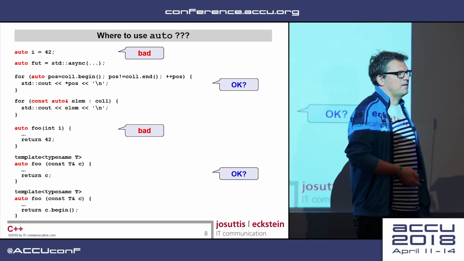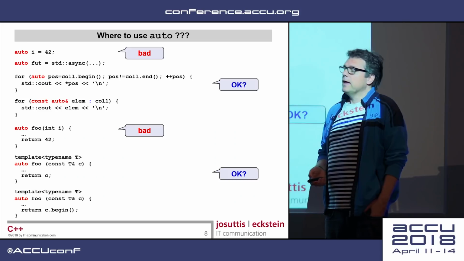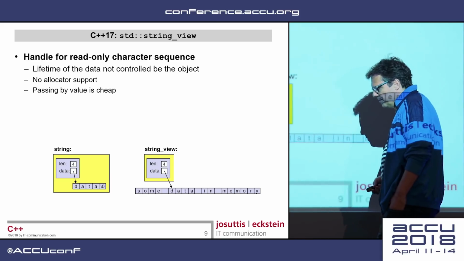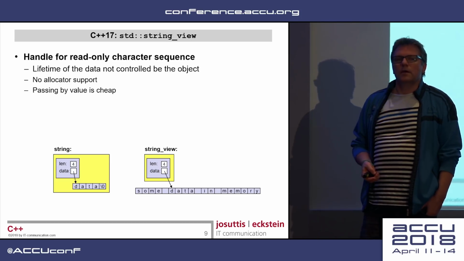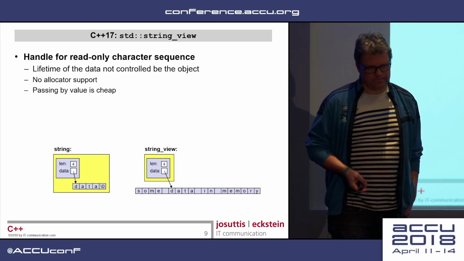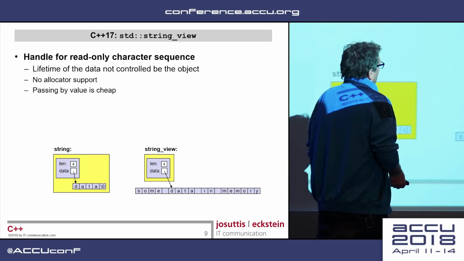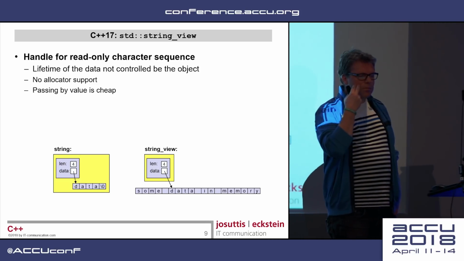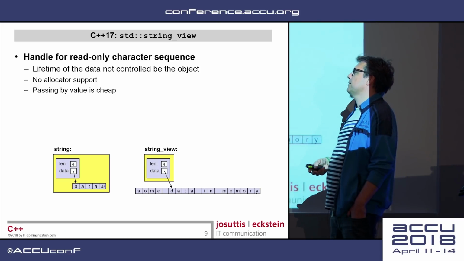I want to give you one example where my whole value system broke down regarding when to use auto or not. We introduced in C++17 a class called StringView. You have to think of StringView as being as bad as a raw pointer. So this is a string type as bad as a raw pointer, which is worse than a string reference. And the problem is that this type no longer has value semantics.